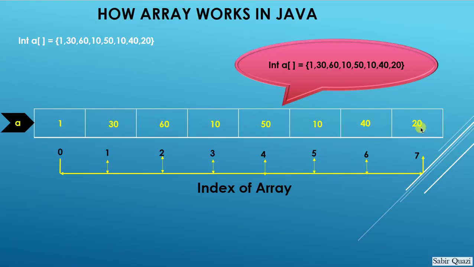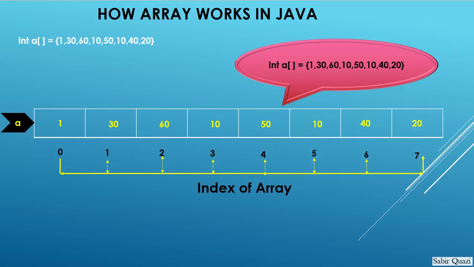Every block is assigned an integer number, and that number is called the index of that particular block. Every value in an array is fetched or updated with its index number.